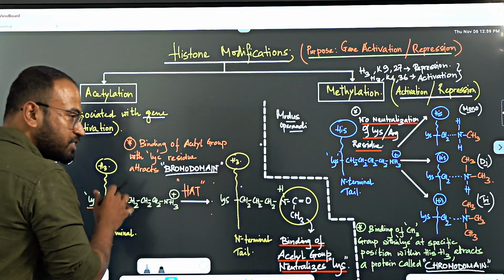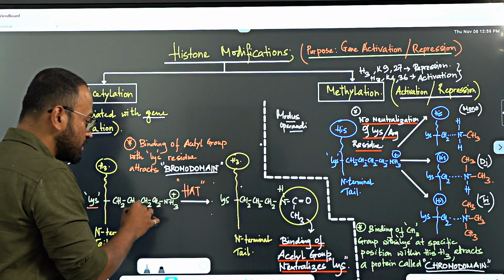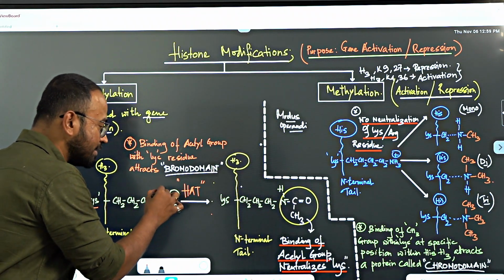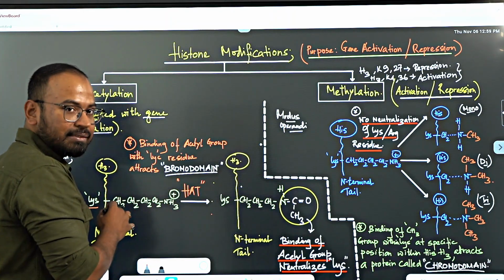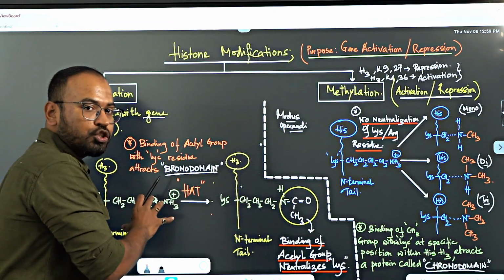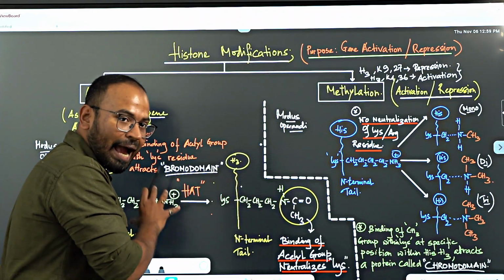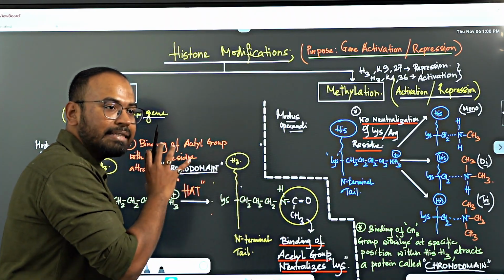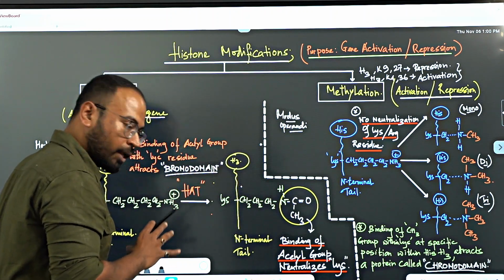We all know the structure of lysine, which bears the R group CH2, CH2, CH2, CH2, and there lies an amino group. Because of this NH3 plus, this entire histone is positively charged. And due to this reason, as we all know that DNA is negatively charged, it remains wrapped around the histone.